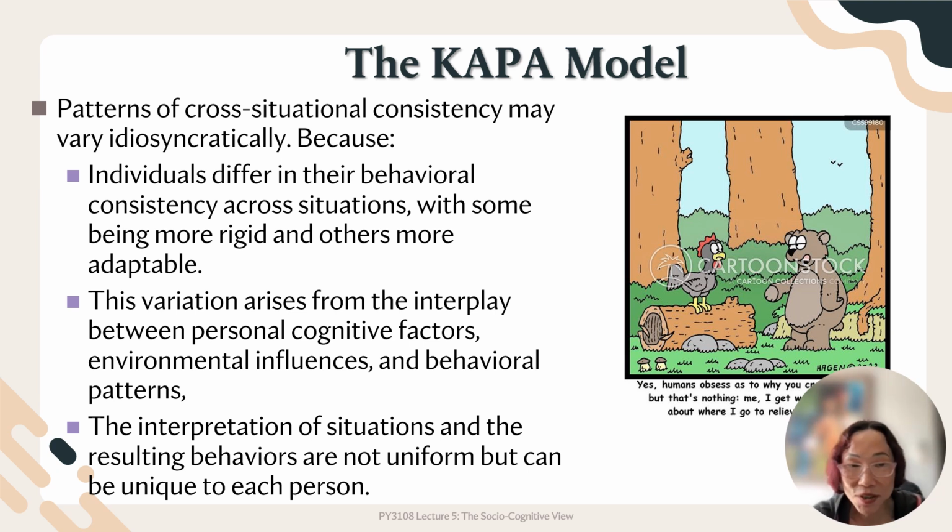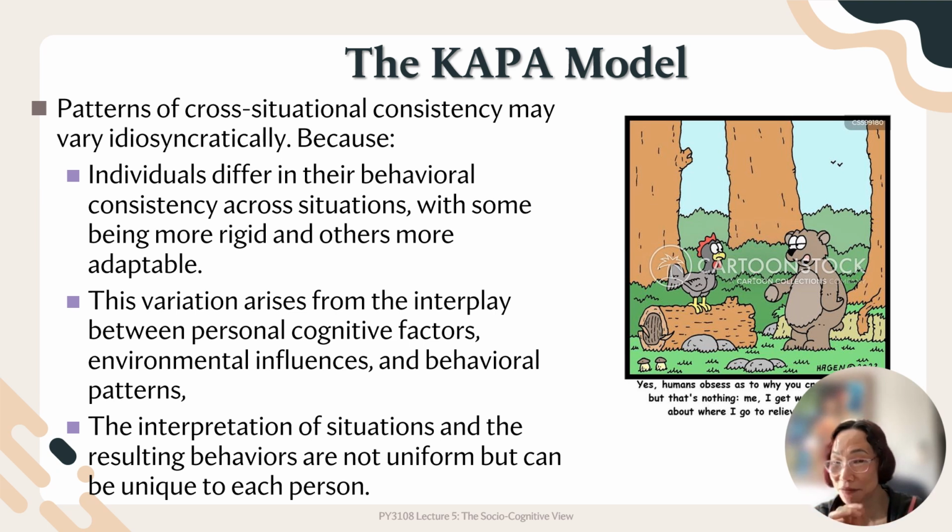And this variation arises from the interplay between personal cognitive factors, so remember cognitive, and environmental influence, that's the social and behavioral patterns. So the social factors and cognitive factors work together. And the interpretation of situations and the resulting behaviors are not uniform, and can be unique to each person.